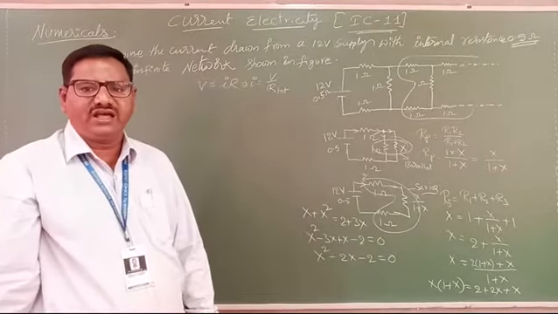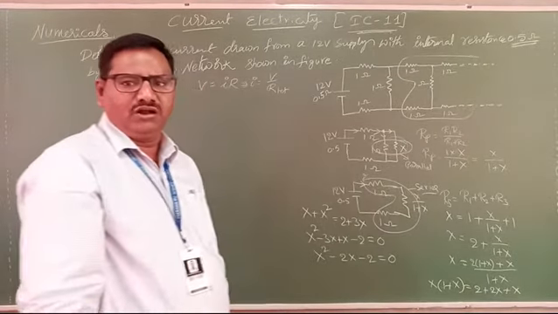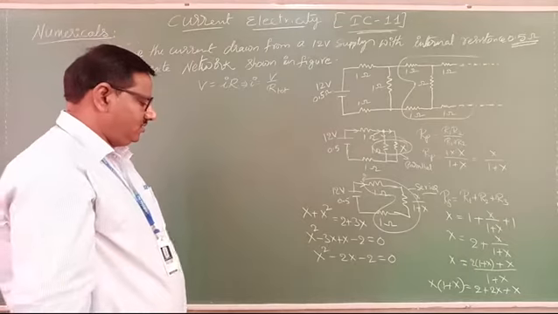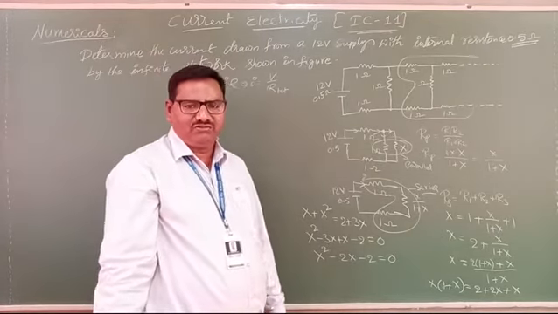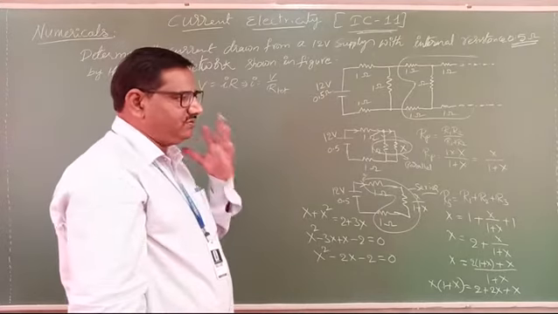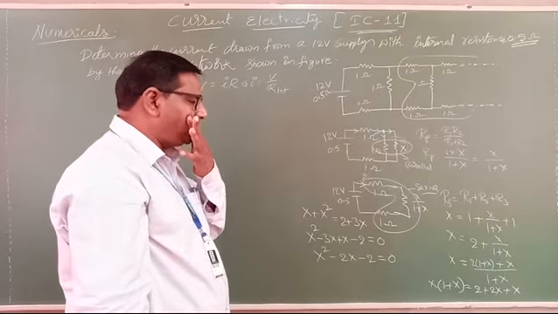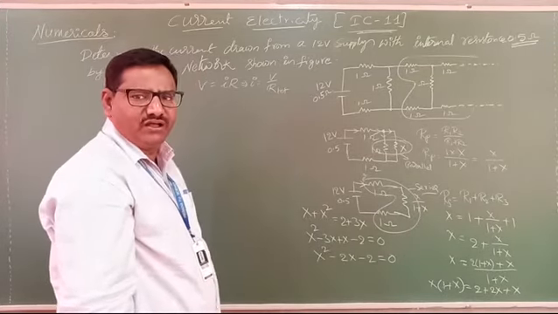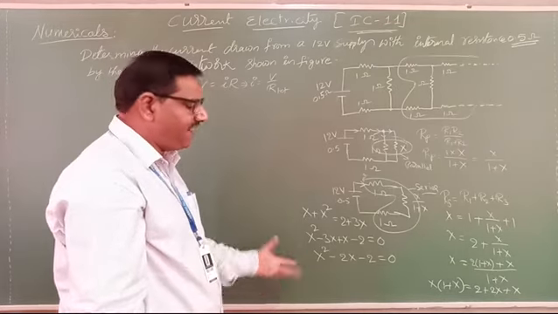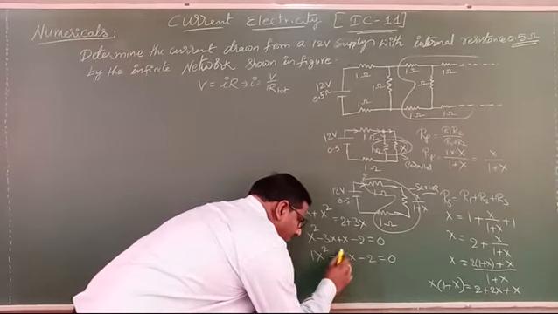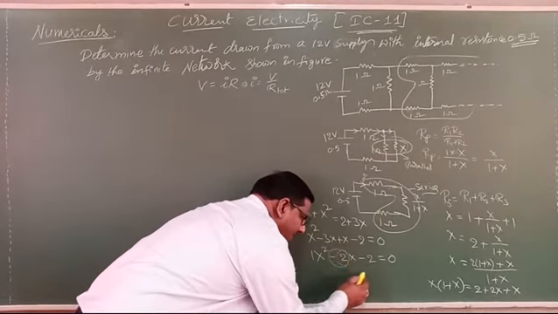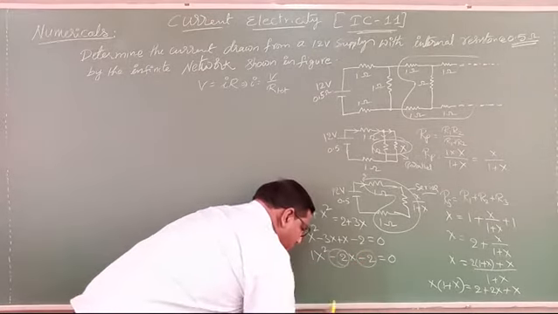Now find the roots for it. If roots come directly, then you can solve directly. If not, what can we use? To find the roots, minus b plus or minus root over b square minus 4ac by 2a. Clear? Now here a value will be 1, b value will be minus 2, and c value will be minus 2. Then substitute here.